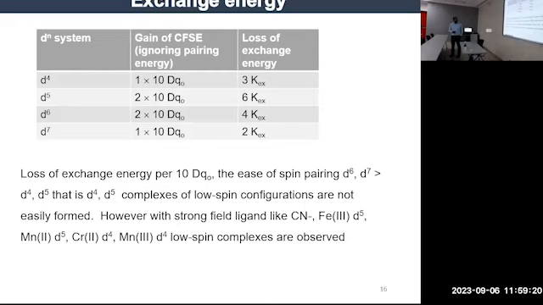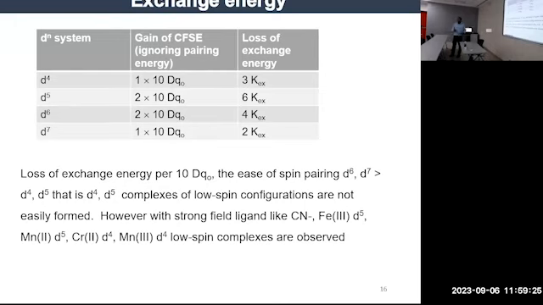And this exchange energy we mainly consider for d4 to d7, where you can have high spin to low spin configuration. So that is applicable here. Now, if you consider d4 and d5, they both have 10 Dq and 3 Kex loss of exchange energy.